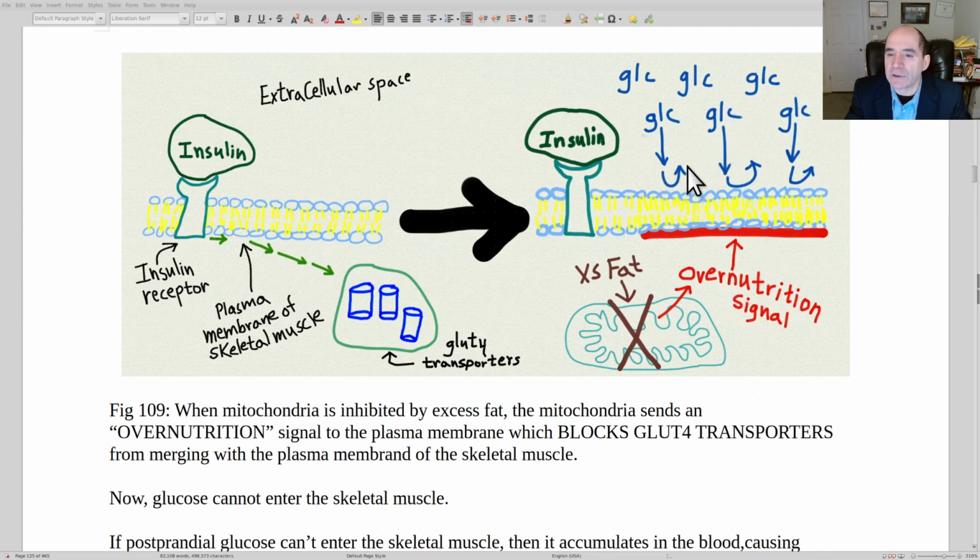So I drew these arrows here of the glucose bouncing off the plasma membrane. Because the glucose type 4 transporters did not go up to the membrane, since they got the overnutrition shutdown signal, this glucose will accumulate in the blood. This is after eating, so this is postprandial hyperglycemia, elevated blood glucose. Emia just means in the blood.